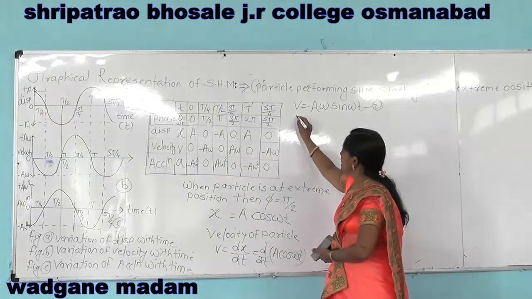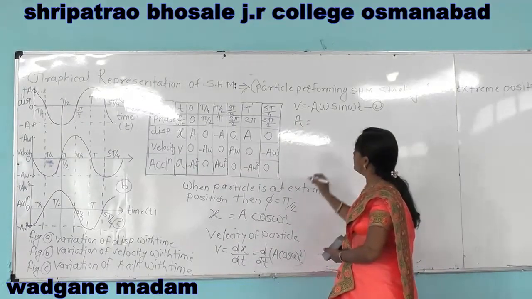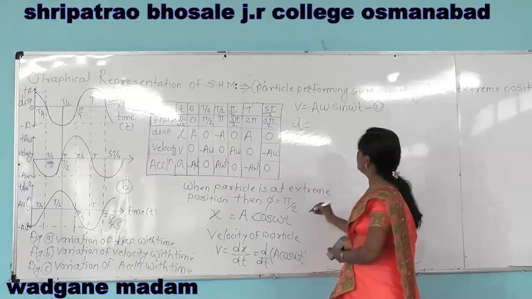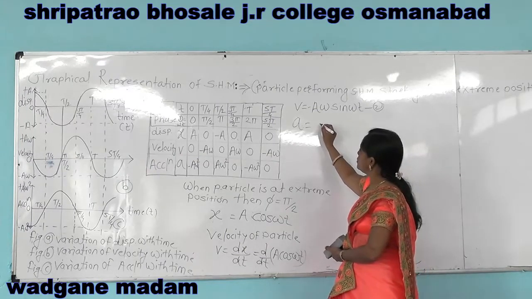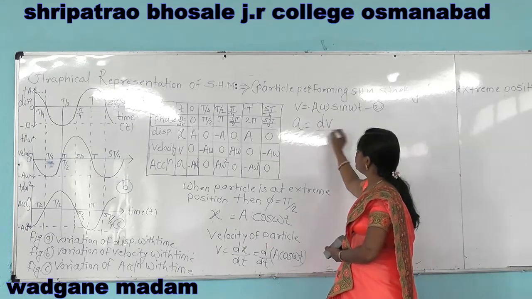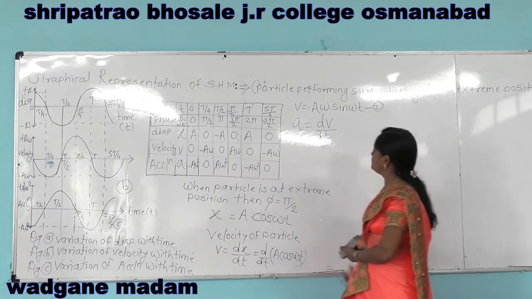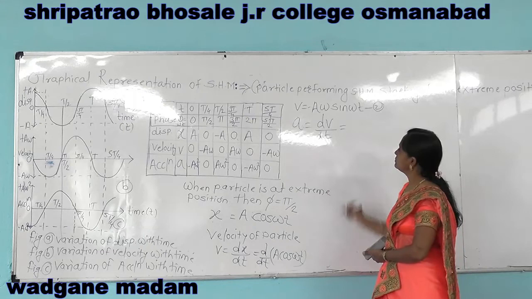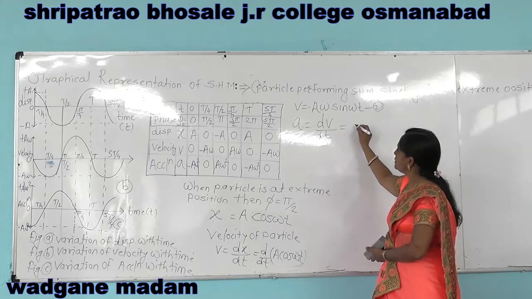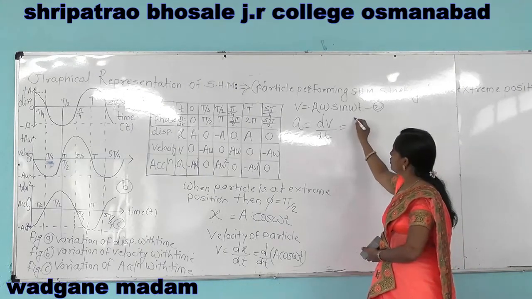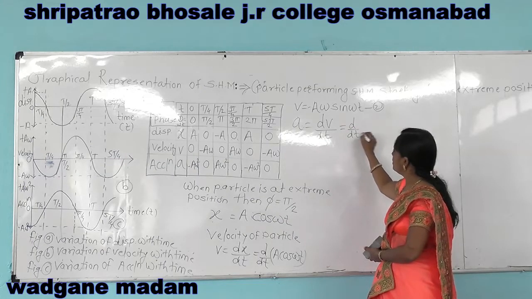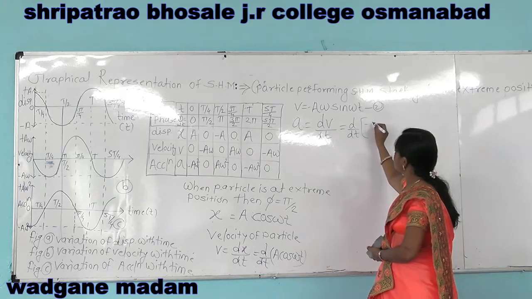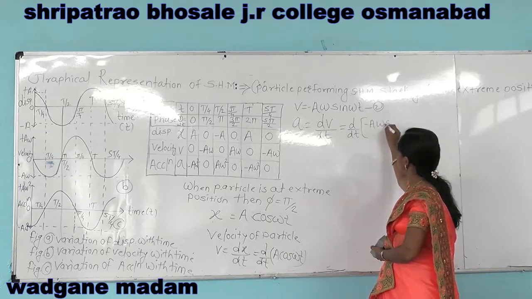Then we know that acceleration a is equal to dv by dt. Therefore we get d by dt of the velocity, putting the value of minus a omega sin omega t.